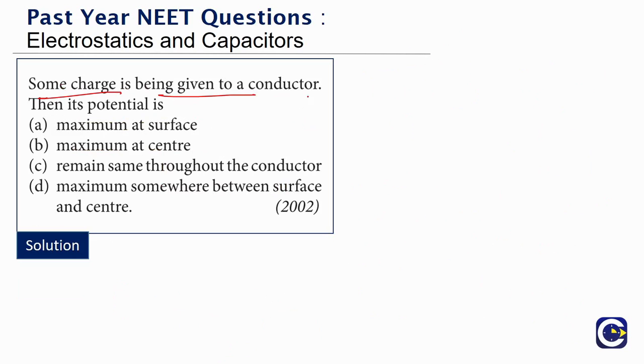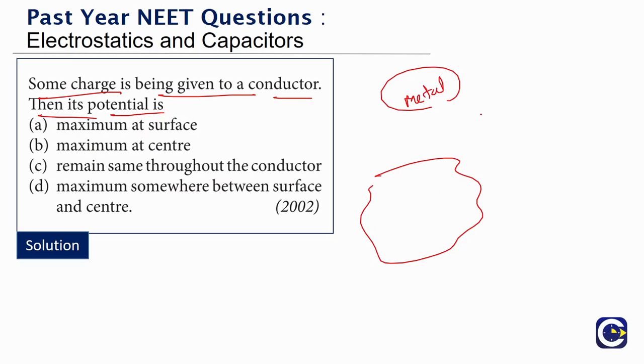Some charge is being given to a conductor, then its potential is... If you have a conductor, it can have any shape. Generally we consider metallic objects to be conductors. It may be an irregular shape like this, or a regular shape like a conducting sphere.